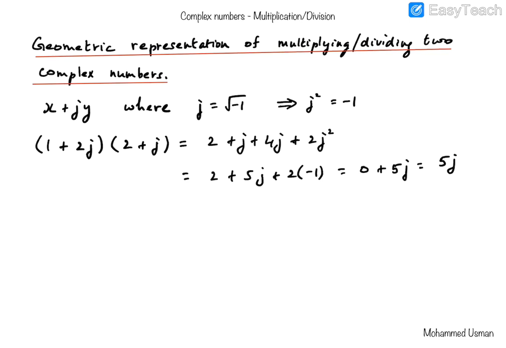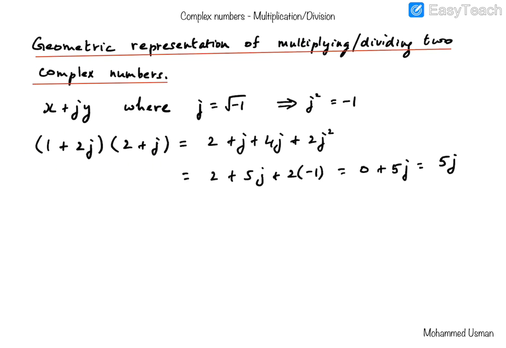Now, to understand the geometric representation of this product, we need to do a couple more computations. We'll need to compute the magnitude of the first complex number and the magnitude of the second complex number, and also we need to find the angles of these two complex numbers.